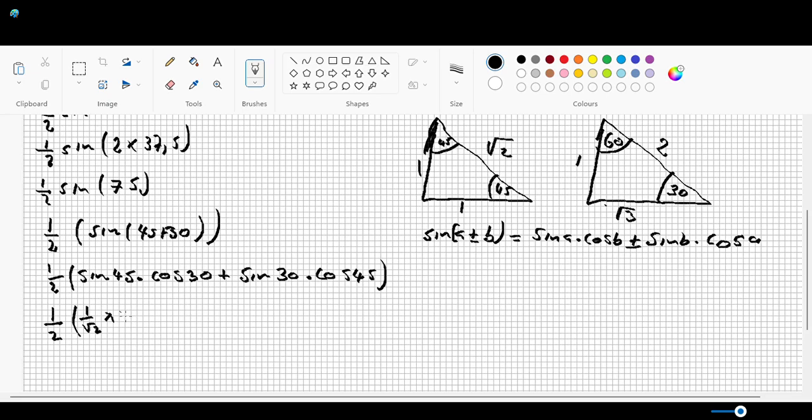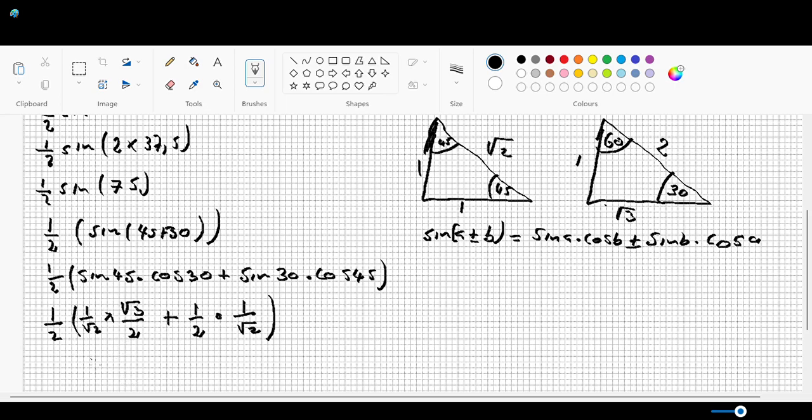Cos 30 is the same as root 3 divided by 2. And then since we have a positive sign here, we can say plus. And then what is sine 30? Sine 30 is the same as 1 over 2 multiplied by cos 45, which is 1 over root 2.